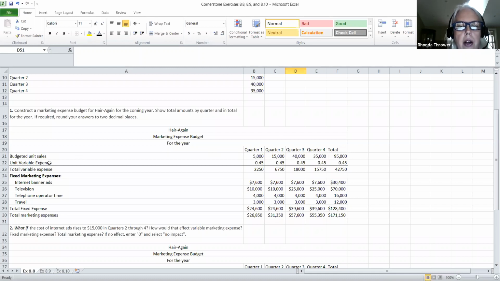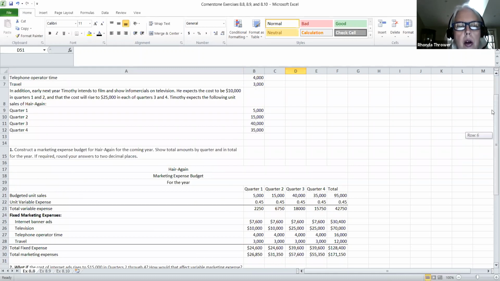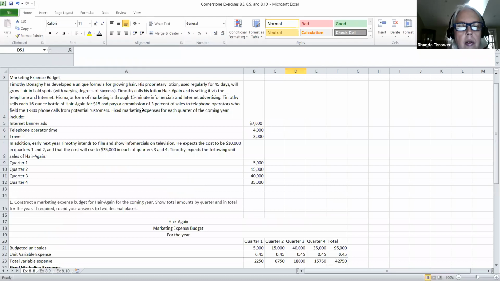The unit variable expense you have to figure, and the way that we figure the unit variable expense is we're going to take the variable cost, which was the commission, and remember it said that it was 3% of the sales. So in order to find a unit variable expense, we would need to know what the selling price was per unit.